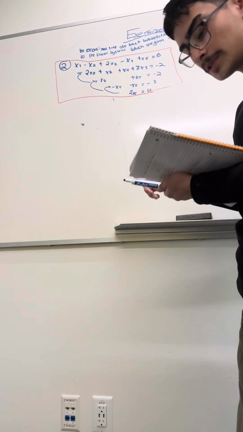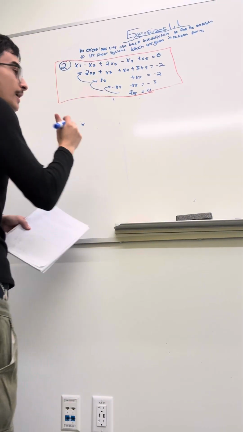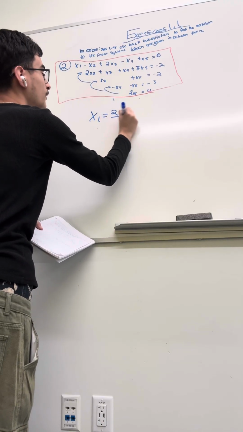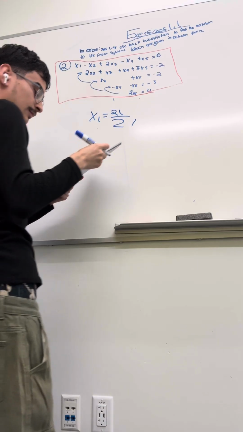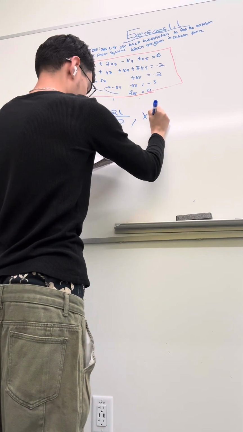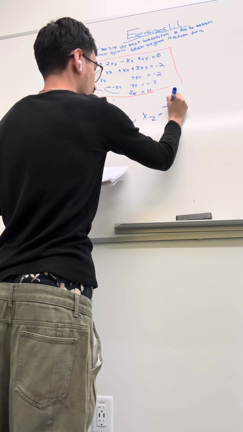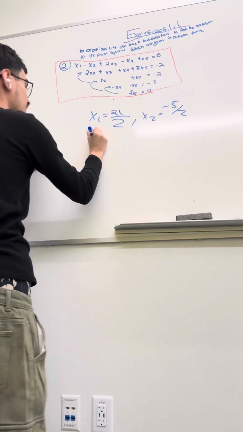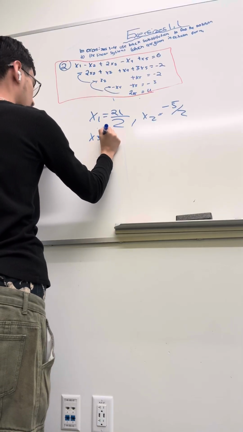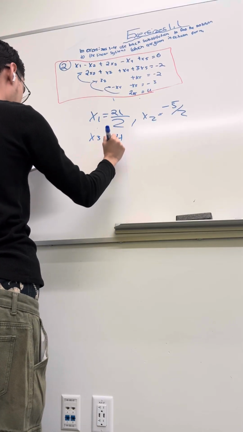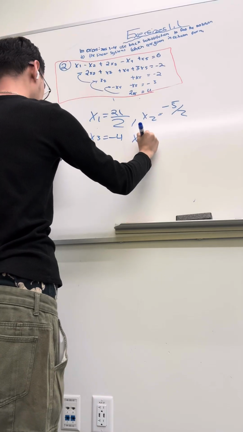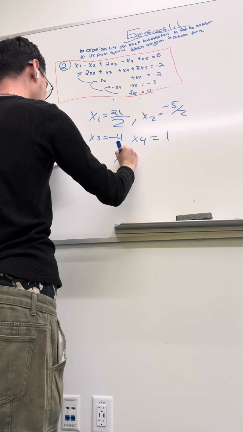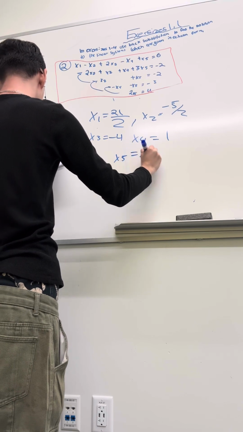So the solution is x1 is equal to 21 over 2, x2 is equal to negative 5 over 2, x3 is equal to negative 4, x4 is equal to 1, and x5 is equal to 2.